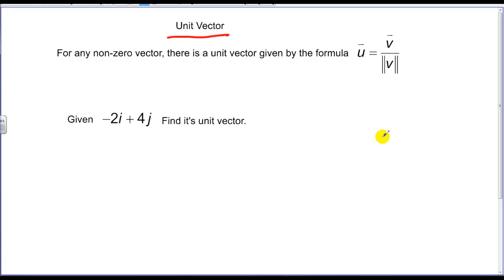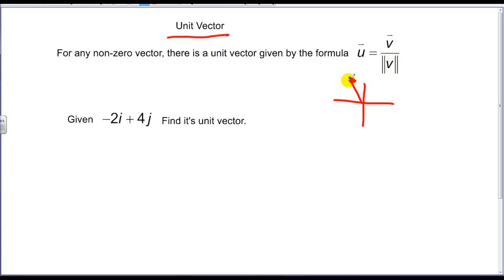So here's the vector -2i + 4j. So that's roughly this vector right here. And if I want to name a vector that has a length of 1 or a magnitude of 1 pointing in the same direction, I take the vector's coordinates and divide that by the magnitude of the vector itself.